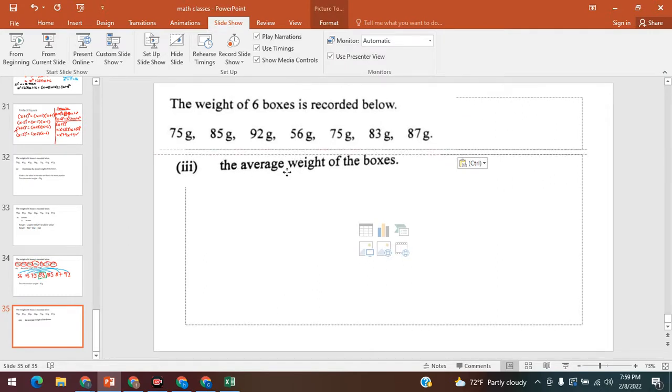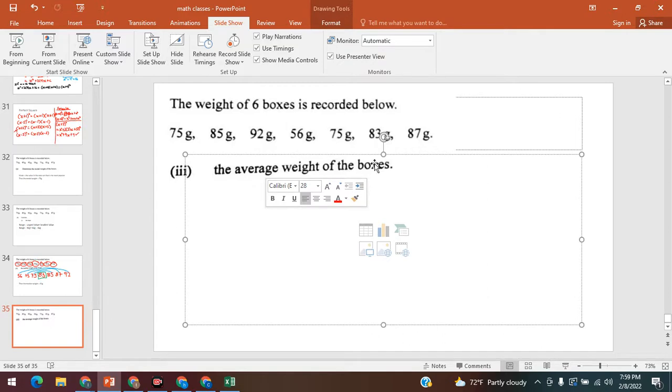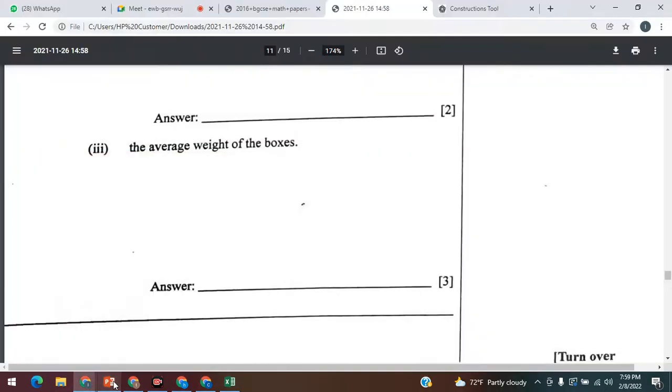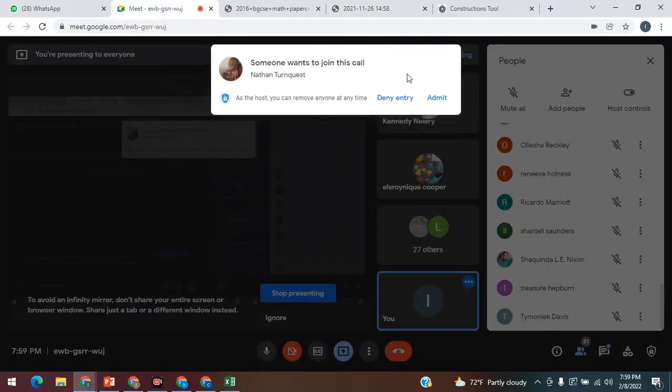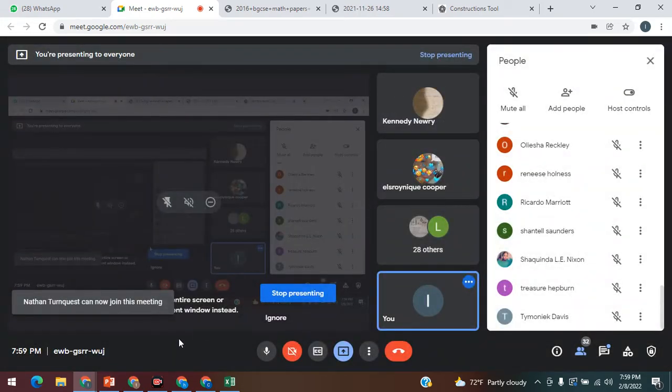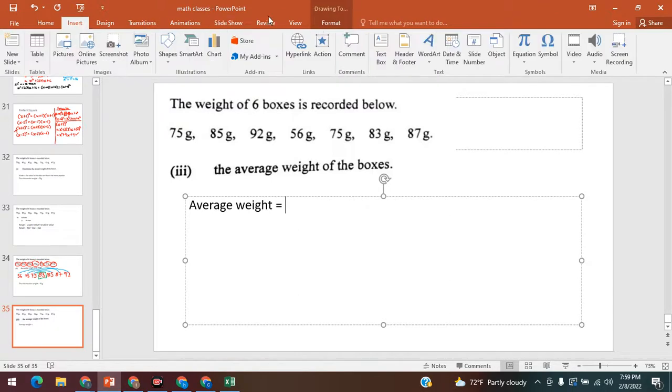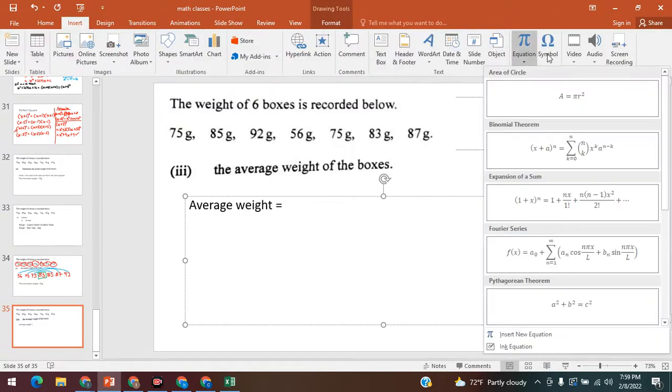So the average weight. Of course the average, or what's another word for average? The mean. Okay. So that's going to be equal to, what's the first thing we do? Add everything together.